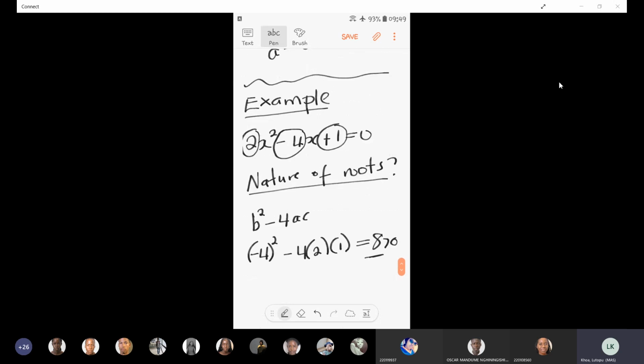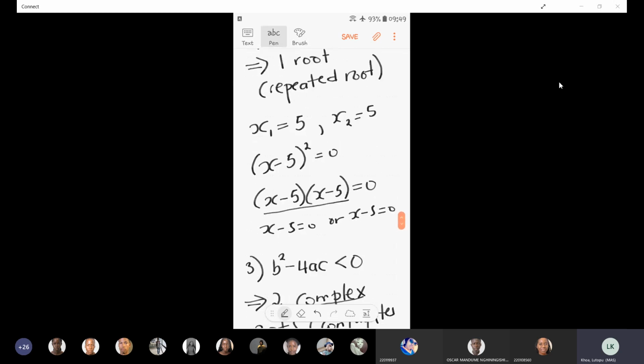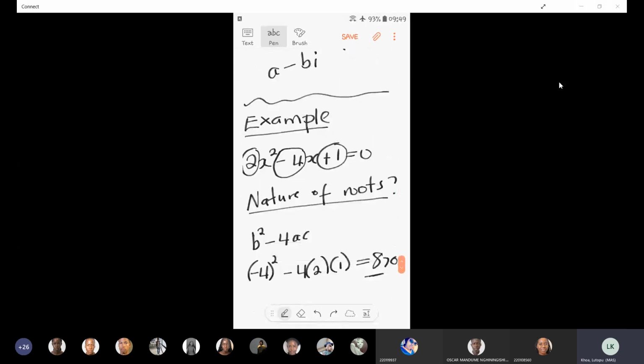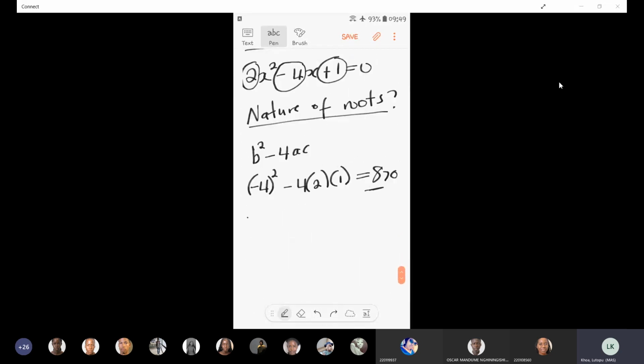So we go to our table with our discriminant. Here we are. If our discriminant is greater than 0, that means we have 2 distinct real roots. So for this equation I can conclude there are 2 of them.